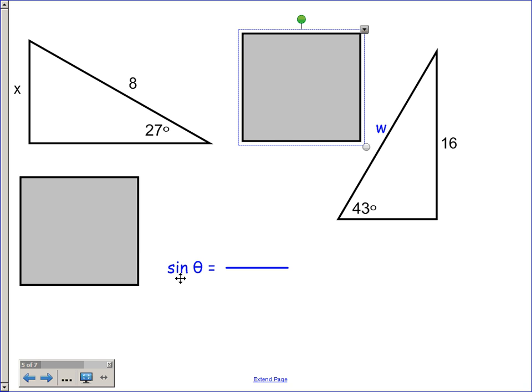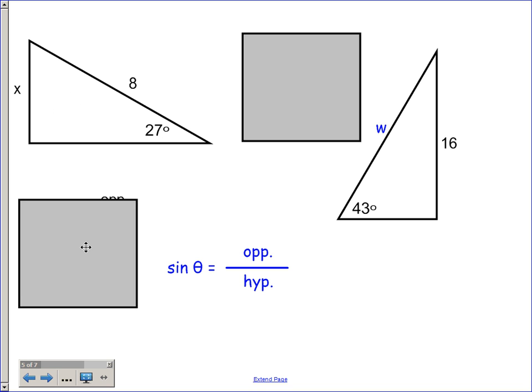Okay, the sine of an angle is defined a little differently. The sine of an angle is the opposite side again over now the hypotenuse. And so in this triangle I have the angle. From that angle, x is my opposite side, 8 is my hypotenuse. So the sine of theta is opposite over hypotenuse. That tells me on this triangle to find the side I'm going to use the sine.